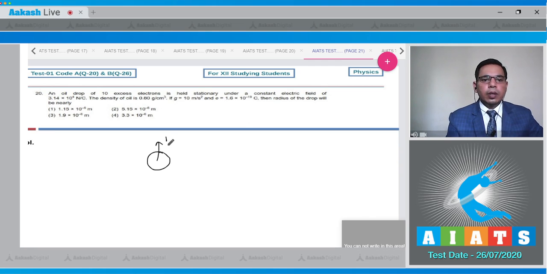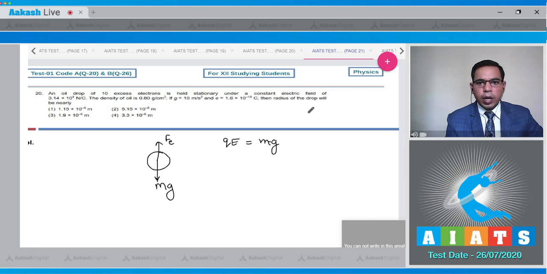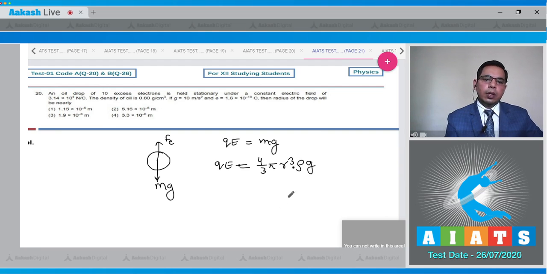Here the force due to the electric field was balanced by weight and it is held stationary. That means we can say that qE will be equal to mg. Now what is asked? Radius is asked. Now we can say that qE equal to 4 upon 3 pi r cube into rho into g. Now all the terms are given.